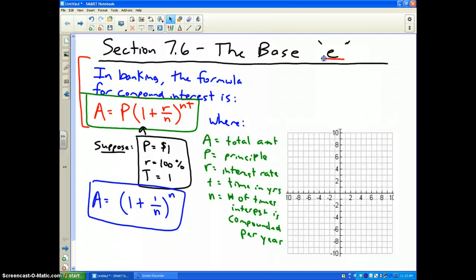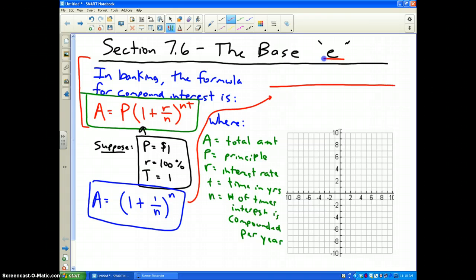And what I'm going to do is make a t-table. I have my x value, which is my n, the number of times compounded annually, and y would be the amount. Now, if I look at this particular graph, I'm going to notice when x is 0.5, I get a goofy decimal, but basically it's about 1.7 if I round it. At 1, my y value is 2.